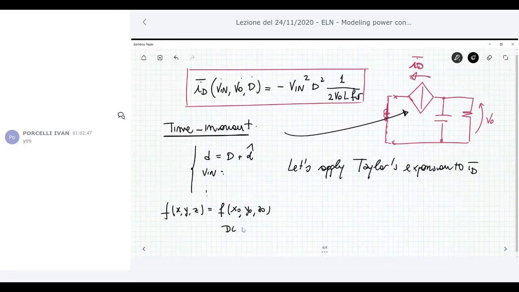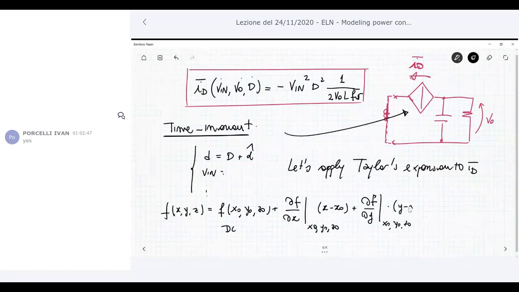Okay, x0, y0, and zeta0 are the stable point, the DC point, plus the partial derivative of the function with respect to the first variable, x, evaluated in this DC operating point, multiplied by x minus x0, which is the coordinate x for the stable point, plus the partial derivative of f with respect to the second variable, again computed at the DC operating point, multiplied by y minus the DC operating coordinate y, plus the partial derivative of f with respect to zeta, again computed in the DC operating point, multiplied by zeta minus zeta 0, plus second order terms.